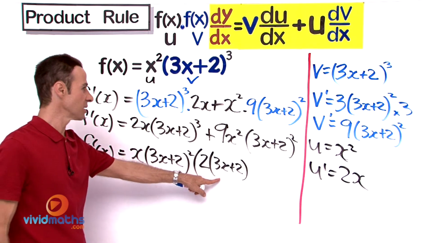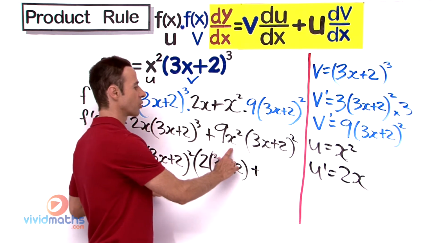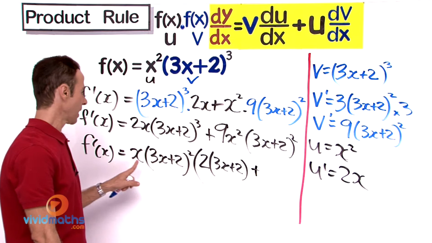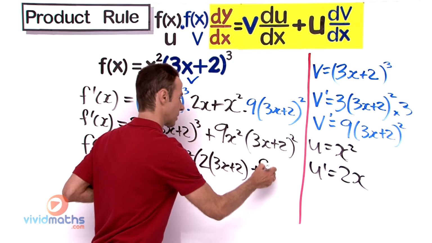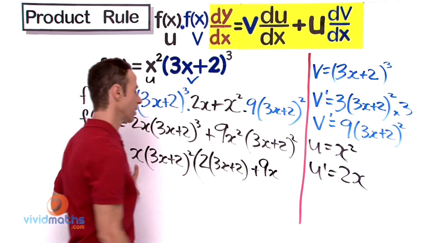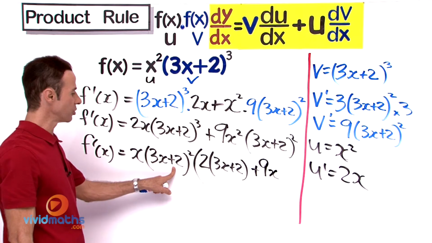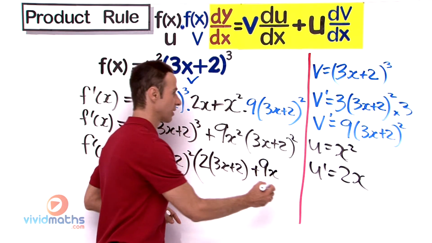So that side makes sense. And then what do we need to multiply this by to get 9x squared times 3x plus 2 all squared? Well, x into 9x squared goes in 9 times, and we need another x because it's 9x squared. And 3x plus 2 all squared goes into that once.